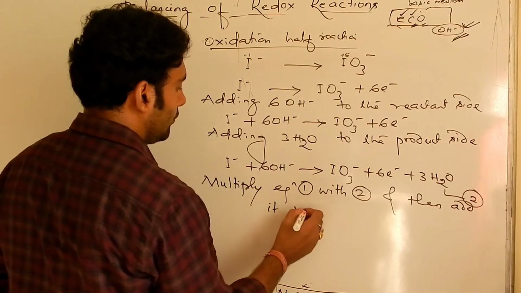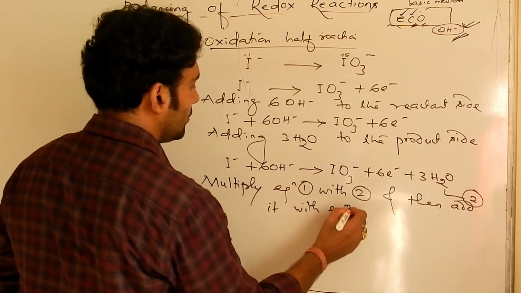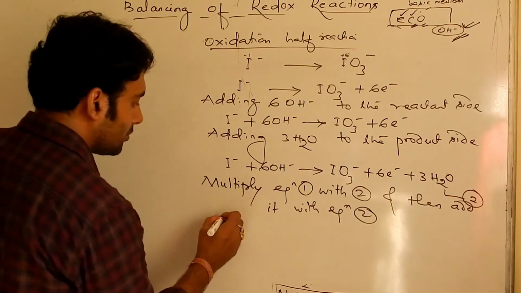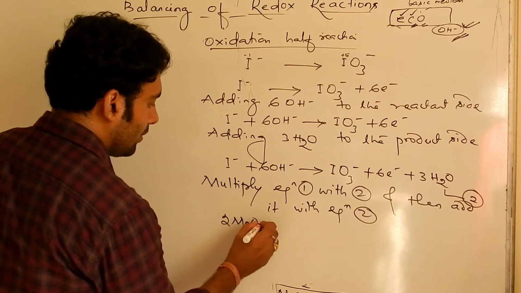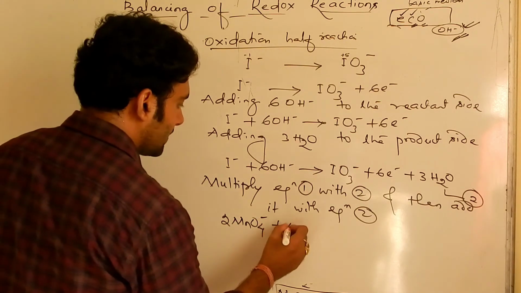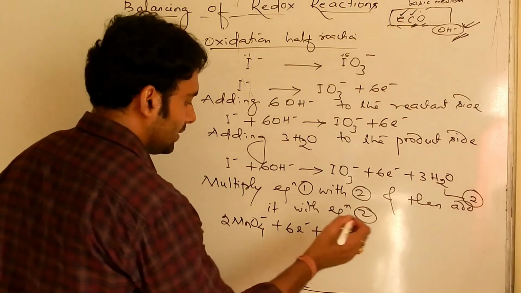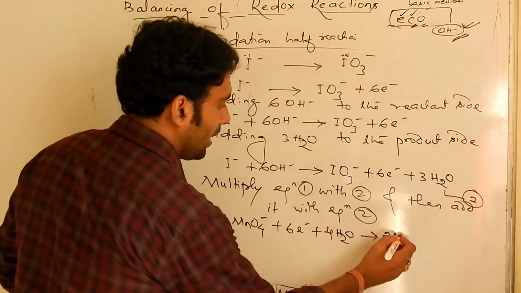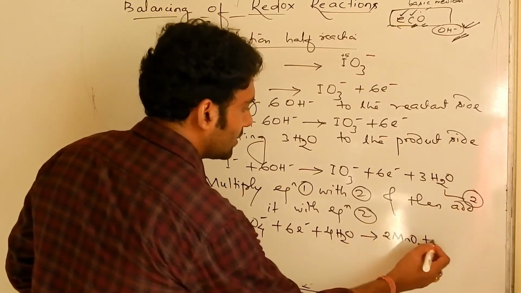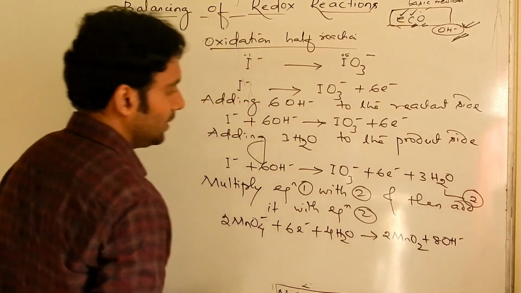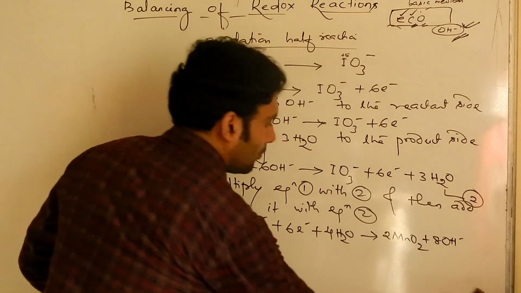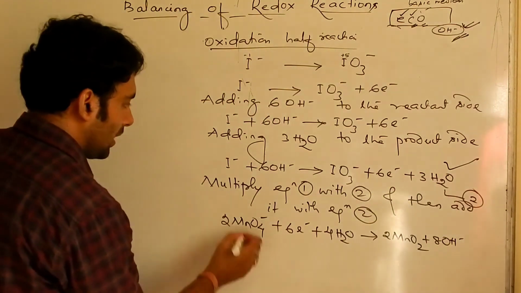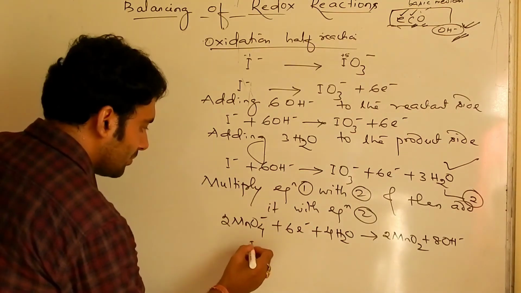So equation 1 multiplied with 2, what will you get? 2MnO4⁻ + 6 e⁻ + 4 H2O gives rise to 2MnO2 + 8 OH⁻. This particular equation we have to add with equation 2, so write the second equation just below it.